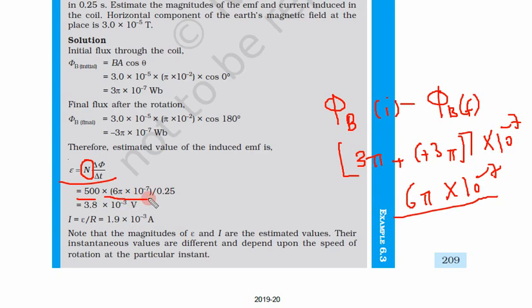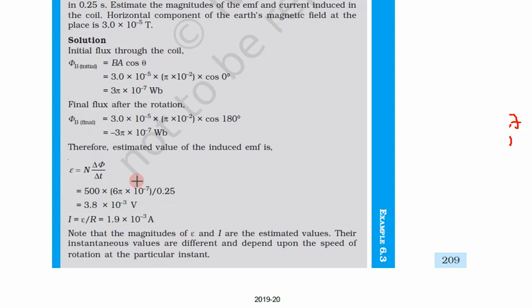What is delta t? What was the time? 0.25 second. So when we solve all this, we get a value 3.8 into 10 to power minus 3 volt. Again this value is very small, millivolt.